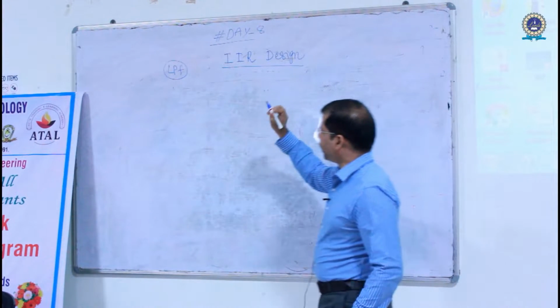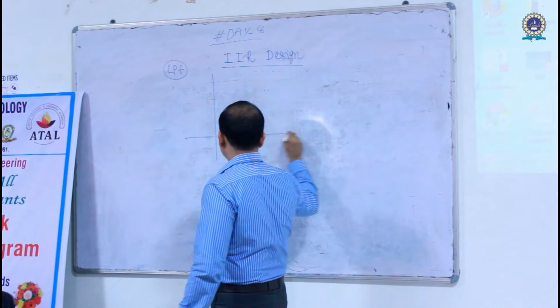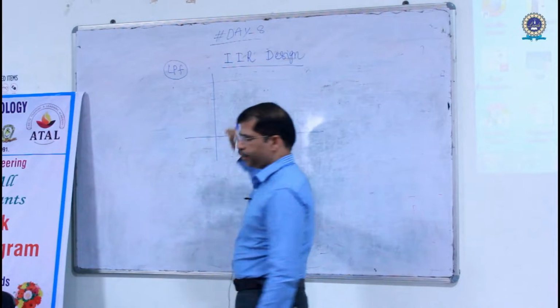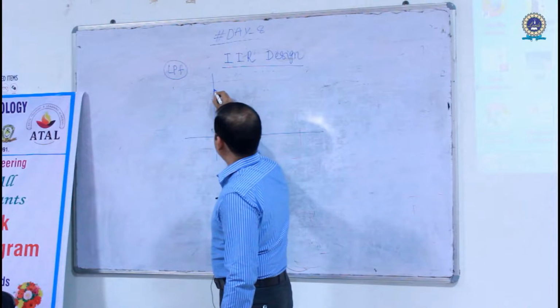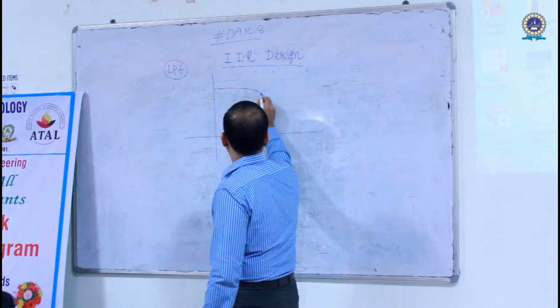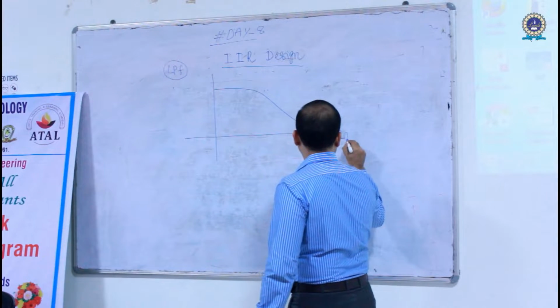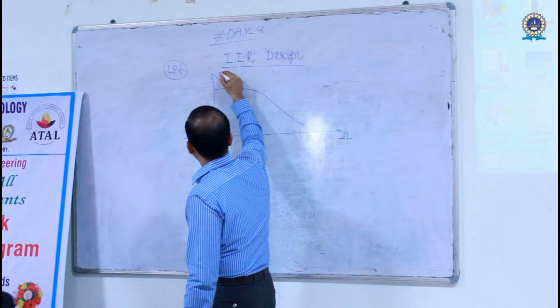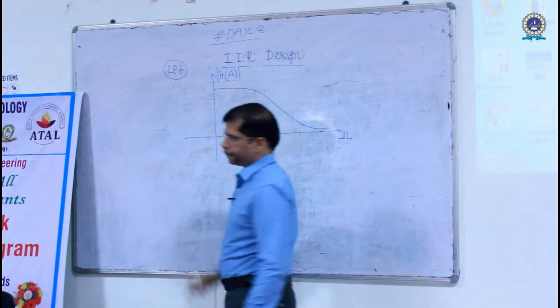Now when I consider the low pass filter, we have just drawn the ideal characteristics, but let us understand the practical characteristics here. It is something this way. This is the magnitude response of a filter.